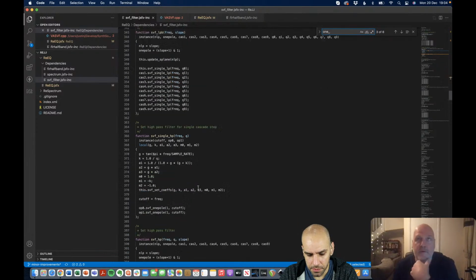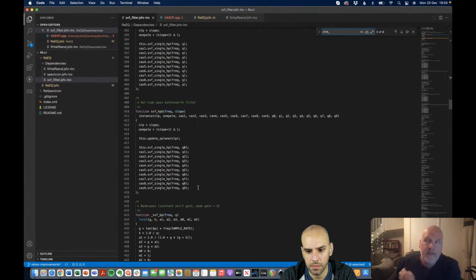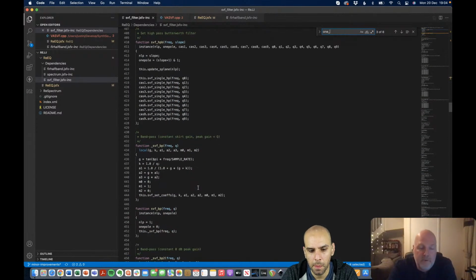Well, it's probably worth talking about the Butterworth filters because they came along a bit after all the other filters had gone in. I read up a bit on Butterworth filters, and if you look at ReEQ's normal filter slopes in the cuts, they're kind of cool.